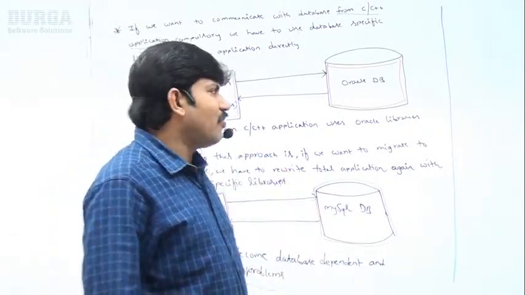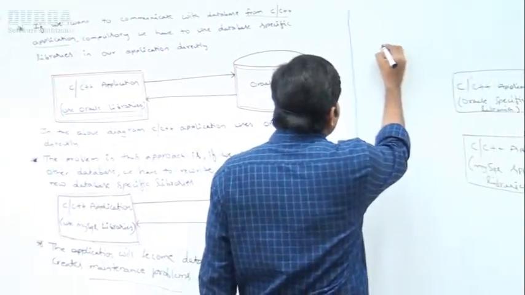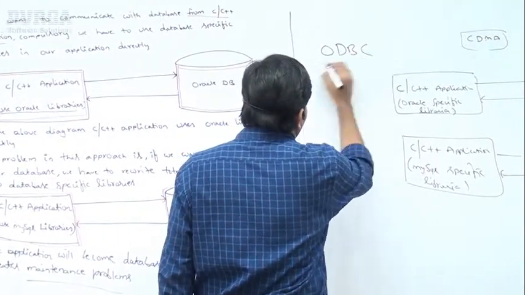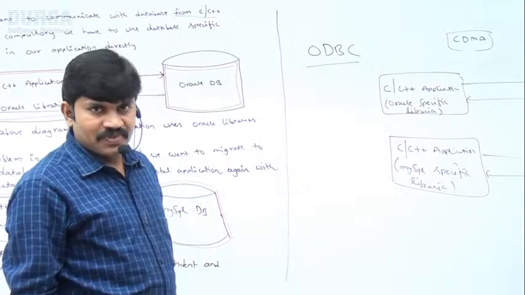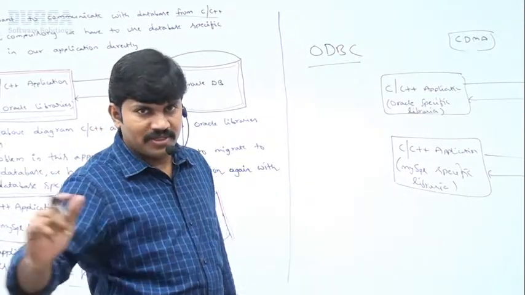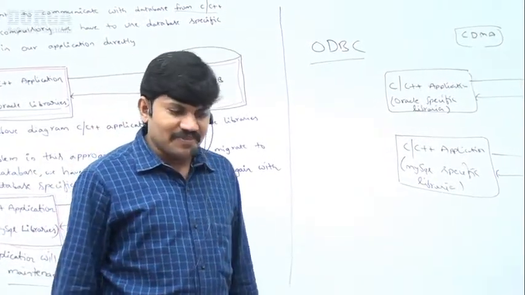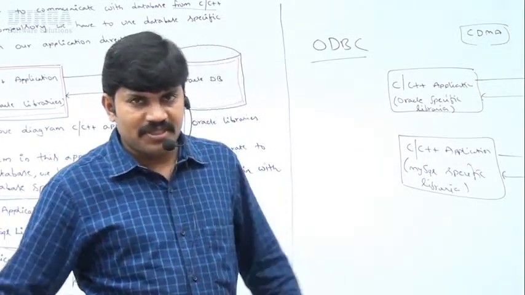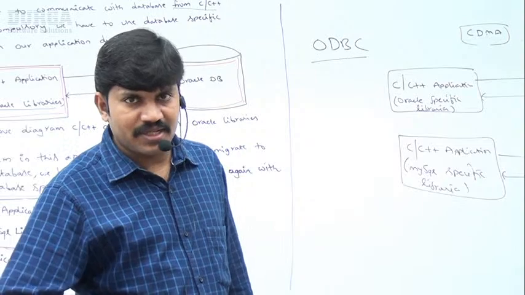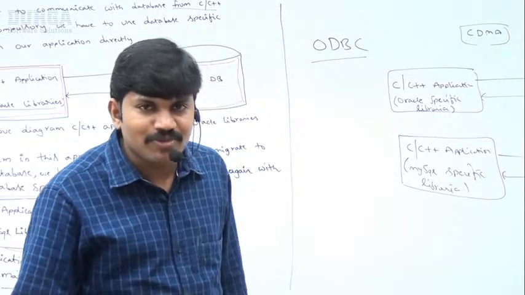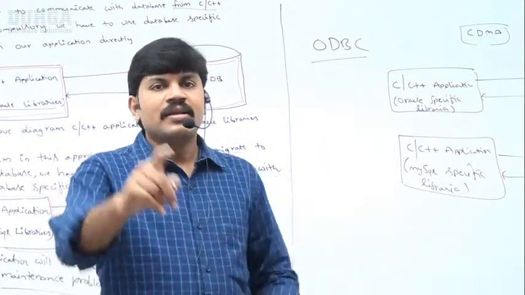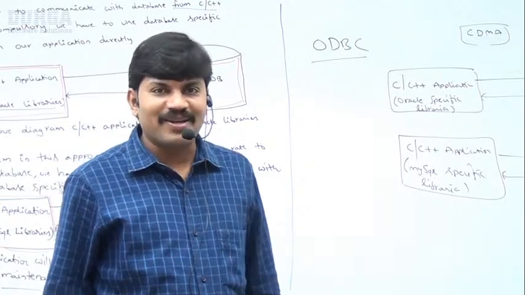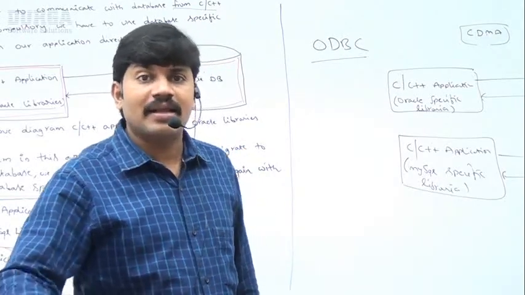Now I have one small doubt: what is ODBC? Can you spell out ODBC? In my regular classroom, everyone is aware of JDBC, Java Database Connectivity. If I ask what ODBC is, 99 out of 100 people will say Oracle Database Connectivity.